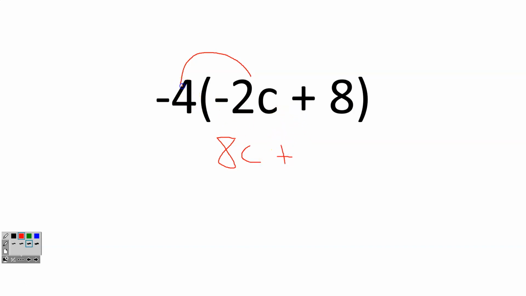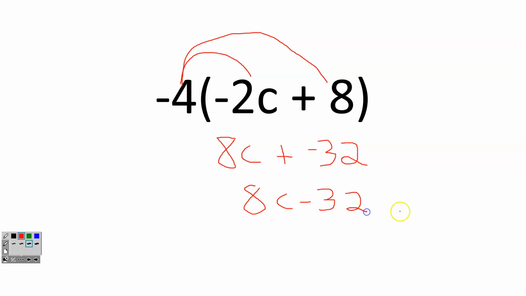A negative 4 times a positive 8 would give me a negative 32. So my simplified answer would be 8c plus a negative 32. You could also put down 8c minus 32. That would be the same thing. But just for confusion's sake, this is probably going to be the best way to do it.